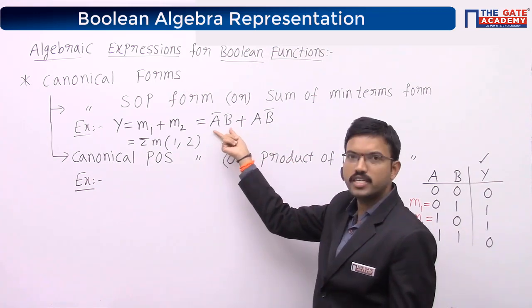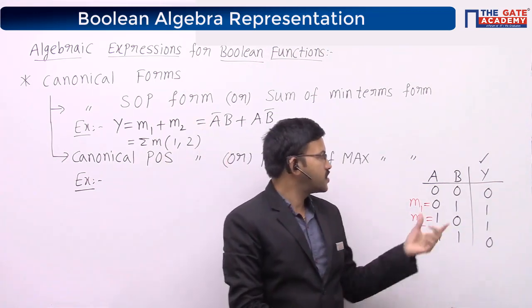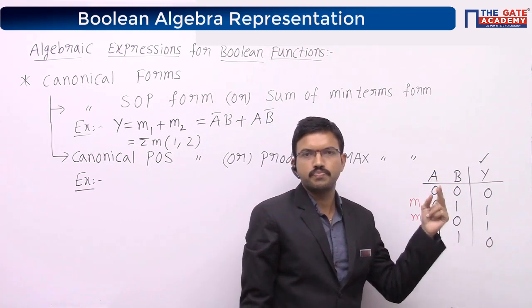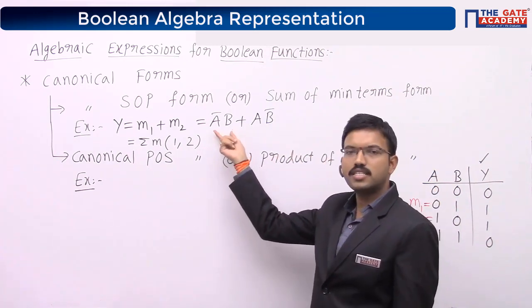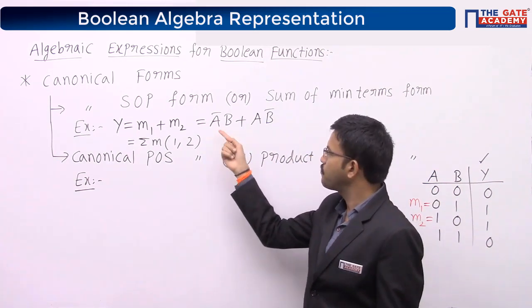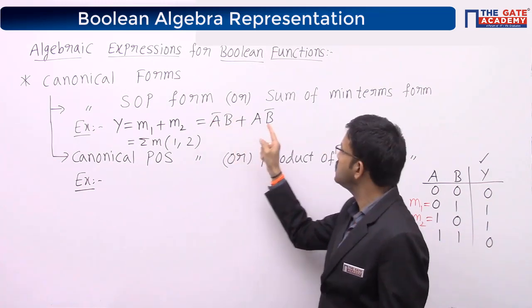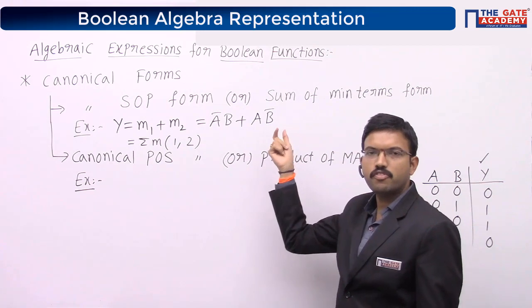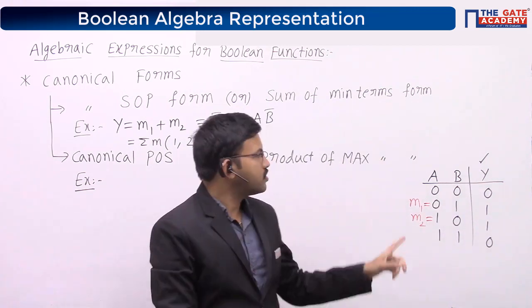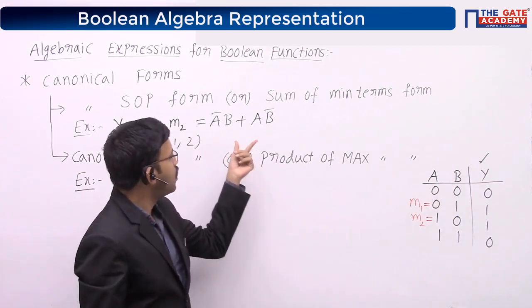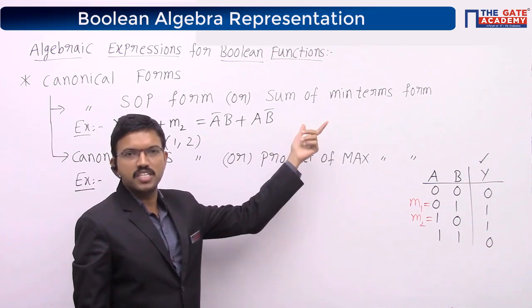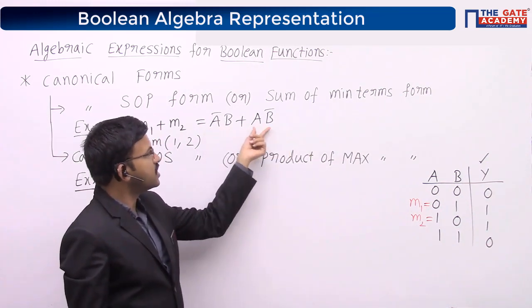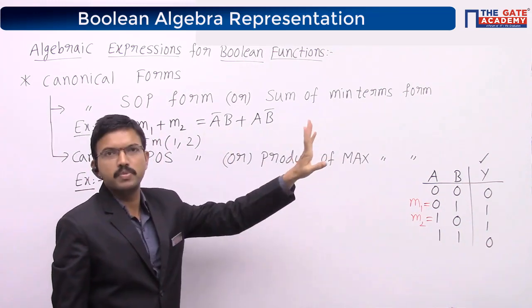If the number of literals and the number of variables both match, then I will call that particular product term a Minterm. Here, those Minterms are summed together. That is nothing but the sum of Minterms form.